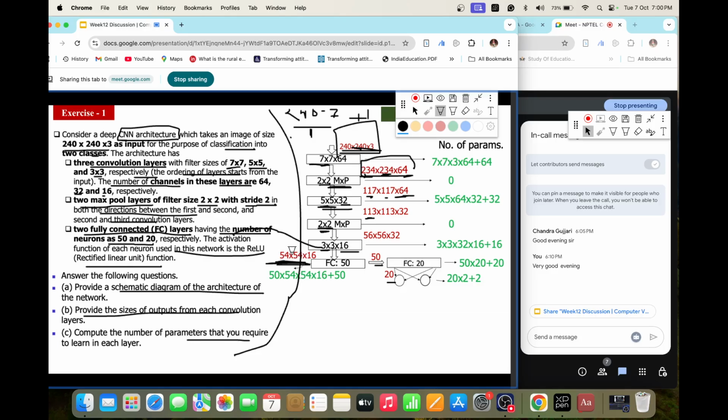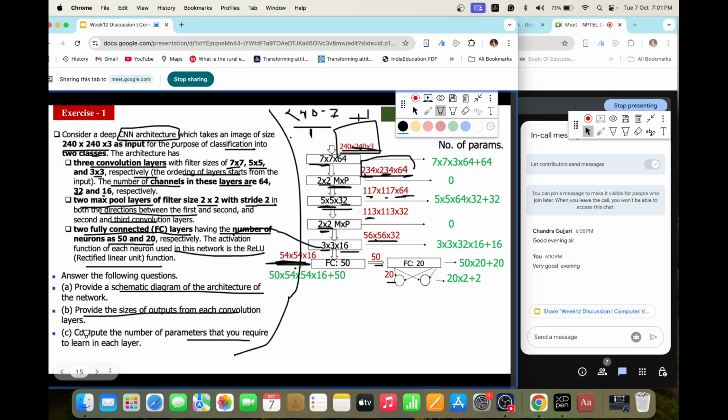So that will be 54 into 54 into 16. Here you are getting 56 into 56 into 32, and you do this convolution. So 56 minus 3 divided by 1 plus 1, that is 54. You will get 54 into 54 into 16. So that will be your fully connected layer.